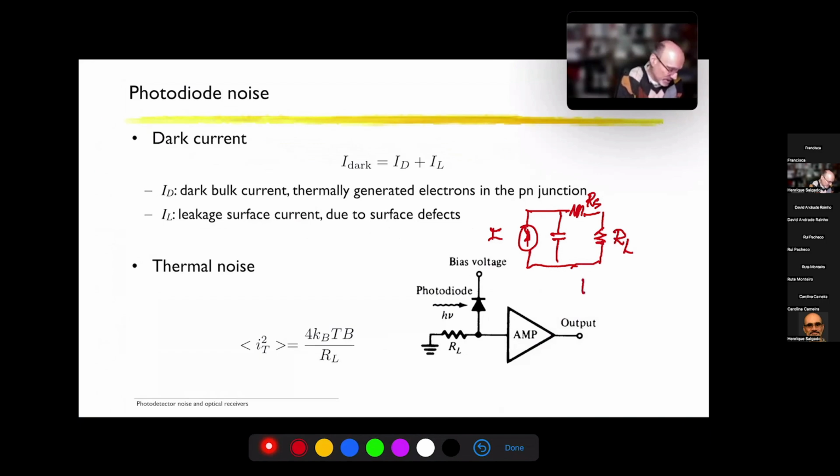And this circuit here is a low-pass filter.